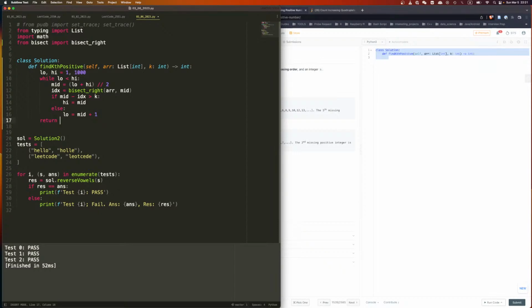It should be low minus 1, right? Yeah, because if it's equal, then low plus 1, and then they will equal this. If it's too much, we stay at the mid.